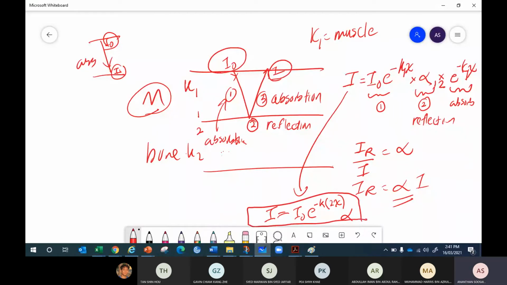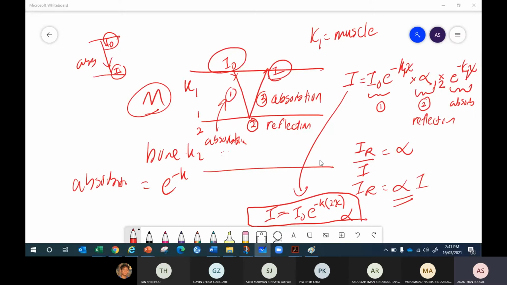Whenever there is absorption, just use e negative Kx. If it happens in muscle, use K1, K of the muscle, and x is the thickness of the muscle.